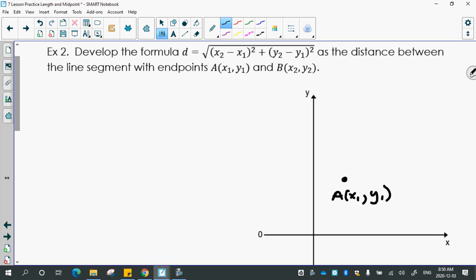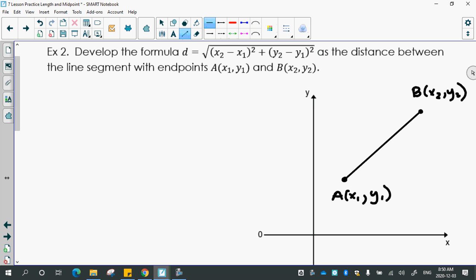Okay? And then up here, we're going to put a point x2, y2. So put them in the same ballpark as me, but it doesn't matter where they are. And then take your ruler out and join them. So you've got a line segment, AB.